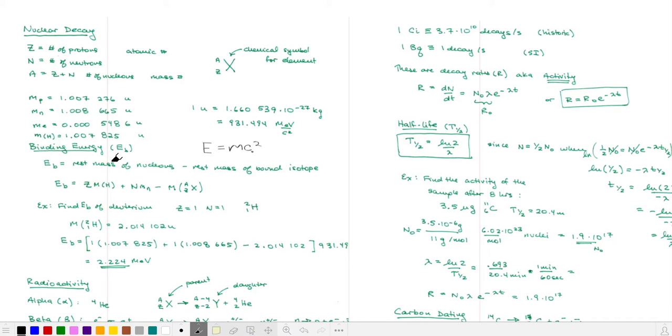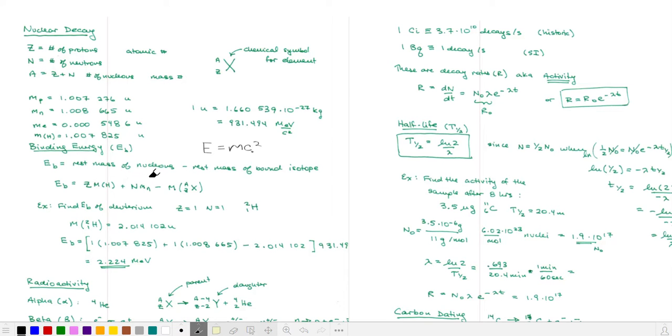Okay, so binding energy, this is the thing that's responsible for nuclear explosions and nuclear power plants. We use the fact that the difference between the rest mass of all the nucleons that make up an atom and the rest mass of the atom itself is a positive number. I guess what I'm saying is the bound version of the isotope has less mass than the sum of its parts.